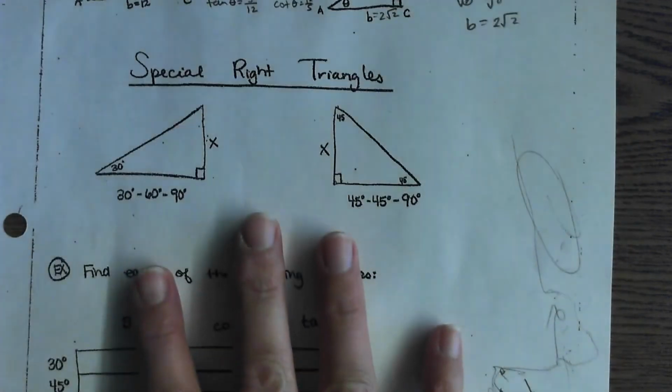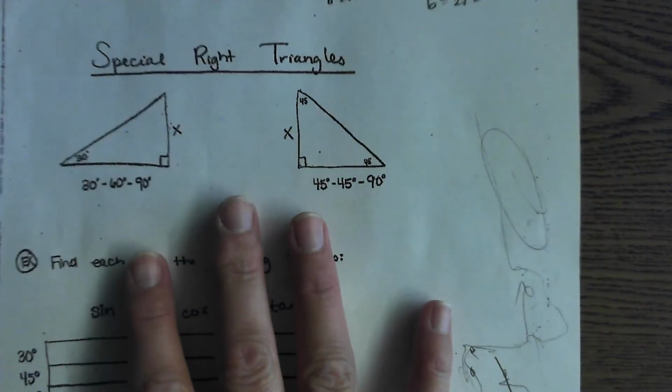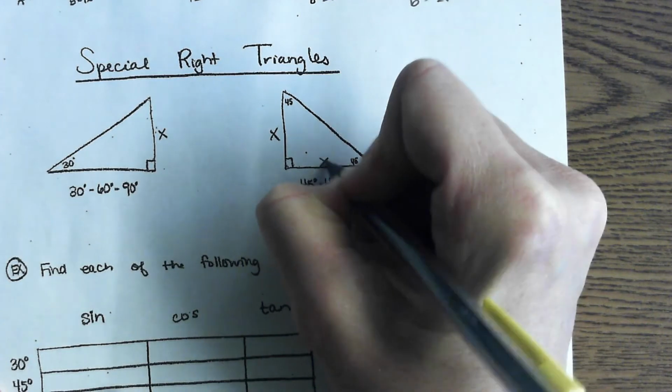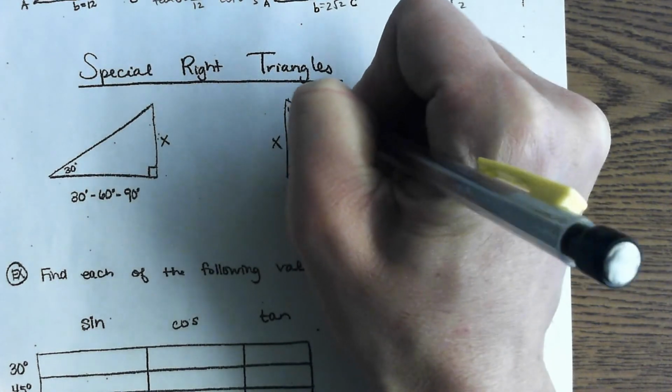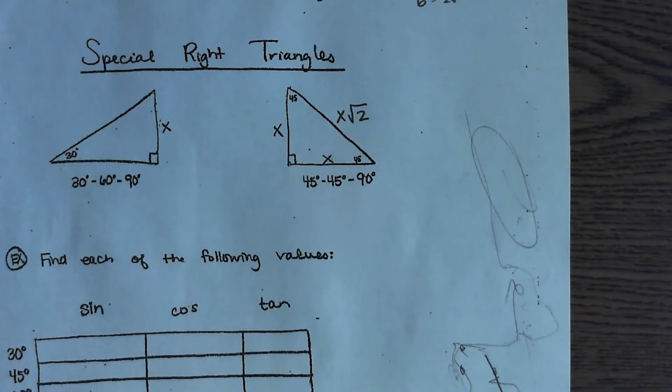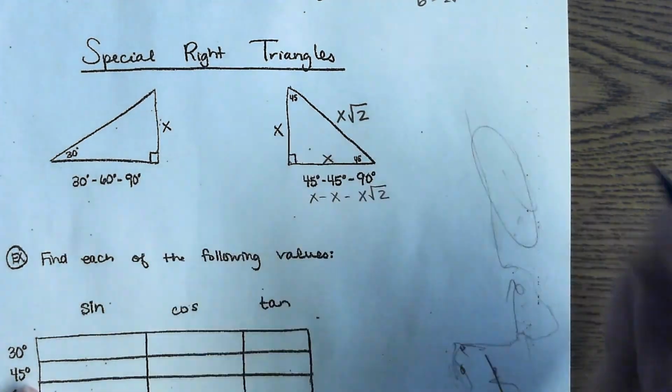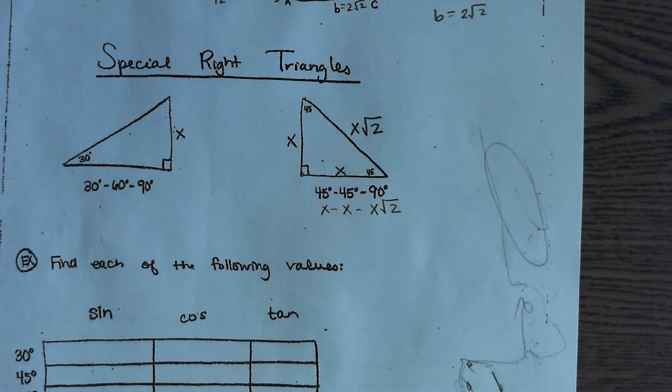So our special right triangles, and we talked about the 45, 45, 90 one yesterday, where this is x, and this is x root 2. So your ratio of leg to hypotenuse in a 45, 45, 90 is always x root 2.